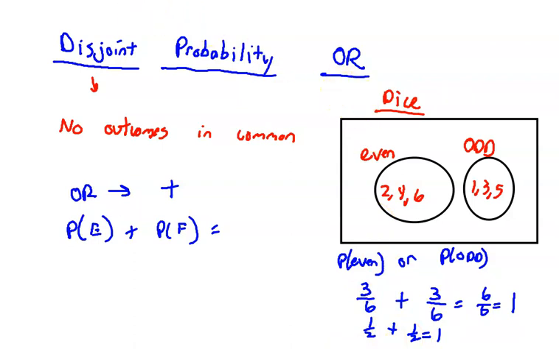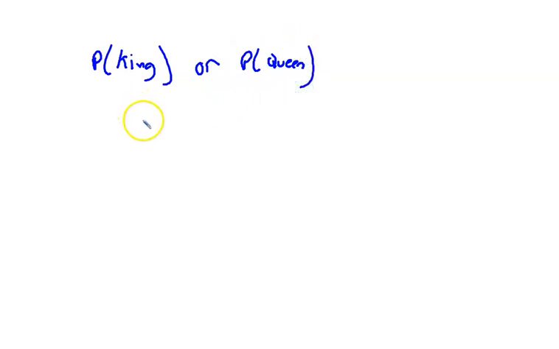Now, what does that look like in card questions? So let's talk about that. If we want to pull a card, let's ask the question, what's the probability of pulling a king or a queen? So we're pulling one card from the deck, and we want to know what is the probability of getting a king or a queen.